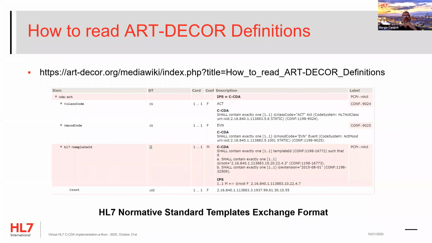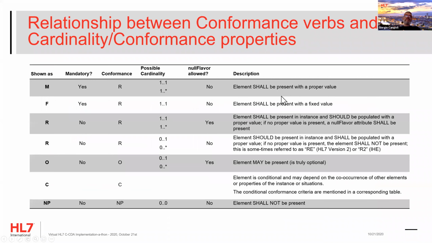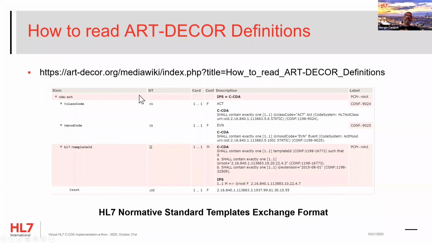So ART-DECOR, that is the tool that is used here, uses this tabular representation. You can find here the link if you want to have more detail, but the important thing is that for each element or attribute, you have the cardinality, the conformity label, and a description.